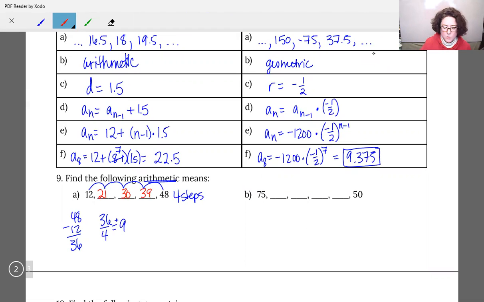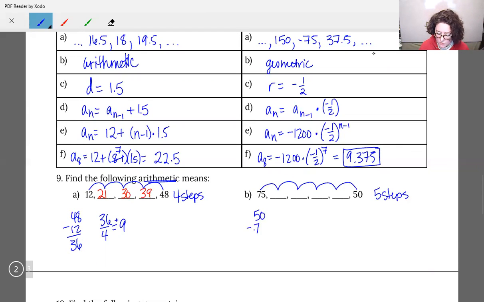Okay, do the same thing with part B. So 1, 2, 3, 4, 5 steps on this one. We started at 75 and ended at 50. So if I subtract those out in the same order, I'm actually going to get a negative number. So negative 25, and negative 25 divided amongst the 5 steps, I get a negative 5.